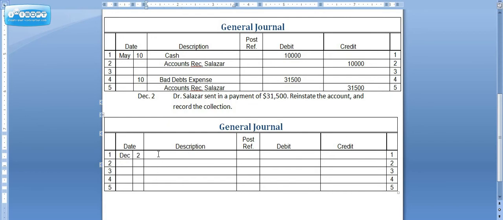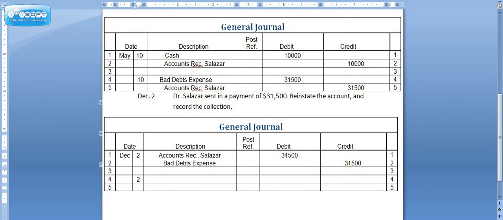So we'll debit the accounts receivable to put it back on our books, $31,500, and then we'll need to credit bad debts expense for $31,500. So we can see to reinstate the account, we have just flipped the write-off entry. Okay? We've undone the write-off.